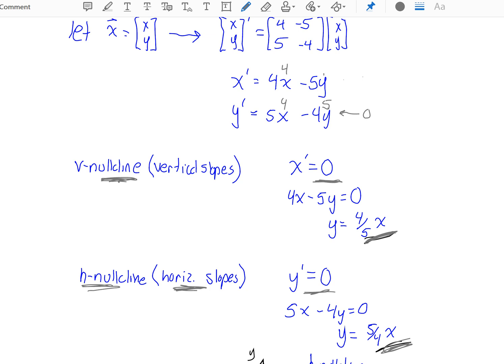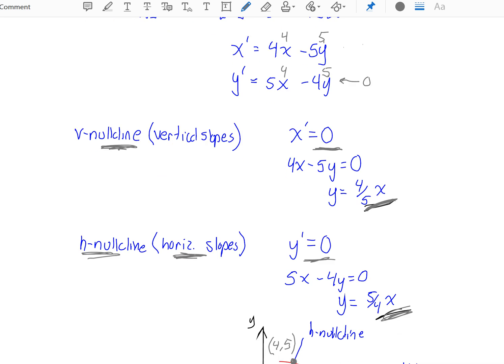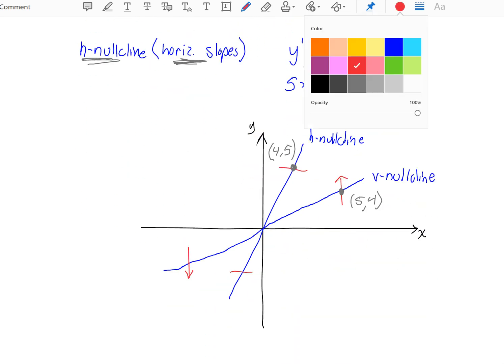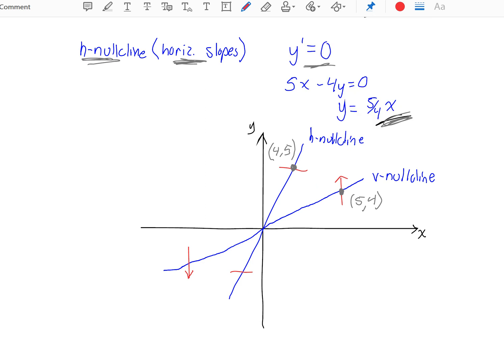And when you plug 4 and 5 into your x prime, notice that this is 16 minus 25. This ends up being negative, which tells us your x movement, your horizontal movement, has to be in the negative direction. And so here solutions are going to be moving to the left, which means here they have to be moving to the right.